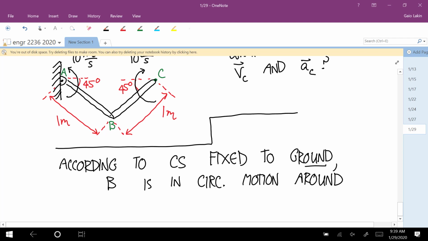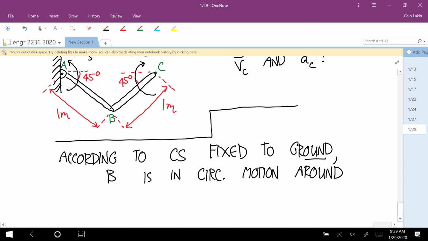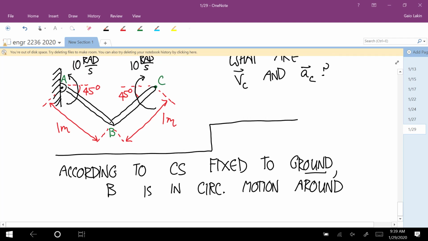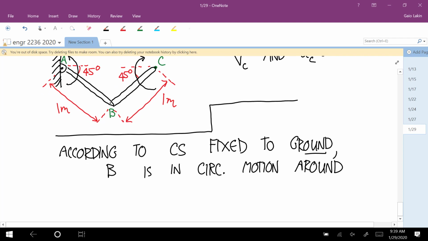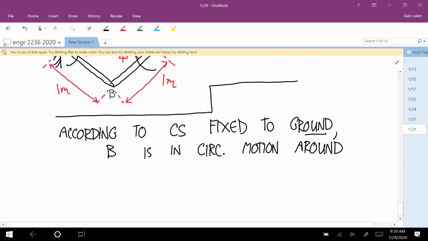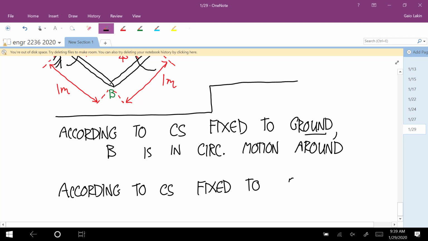And then this is the key thing that's not as obvious when you first look at it, because that's pretty obvious, right? That point B, if that bar is moving, is just moving in a circle around A. But according to a coordinate system that moves with B, fixed to B, you know, that coordinate system is moving.